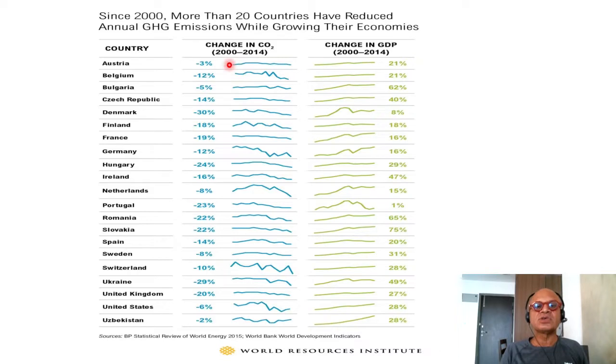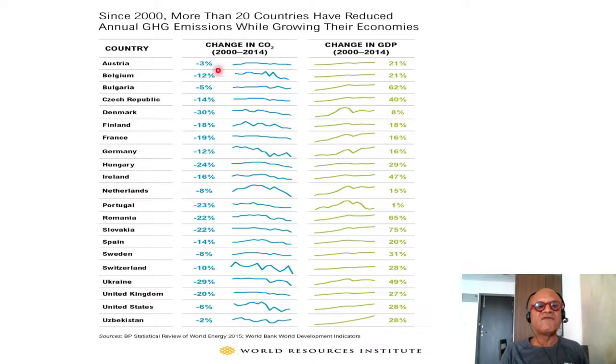So here are the changes in CO2 over 2000 to 2014, and change in GDP over the same time period. So Austria, Belgium, Bulgaria, Czech Republic, Denmark, Finland, France, and so on down to United States here, and Uzbekistan, UK should be here as well, United Kingdom.